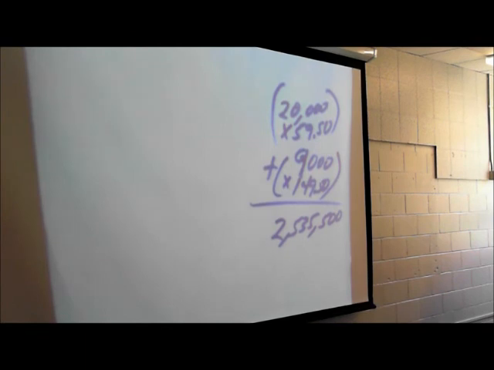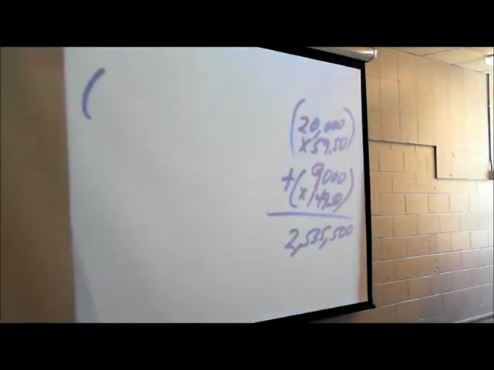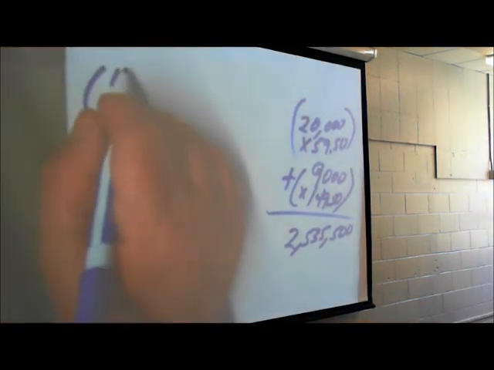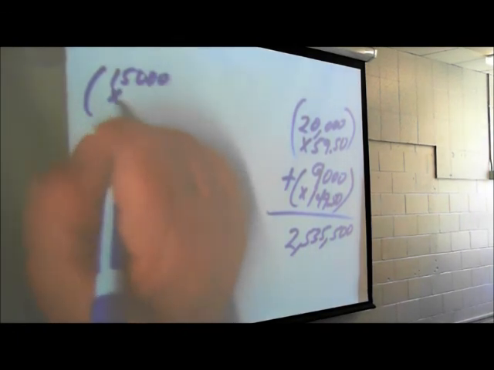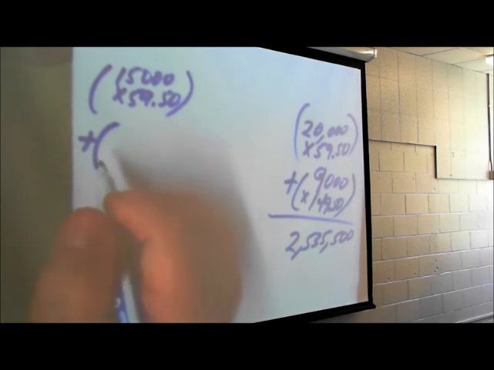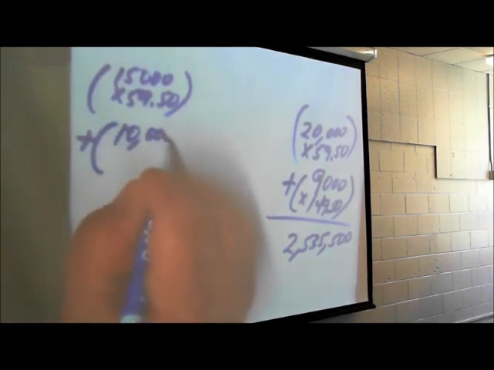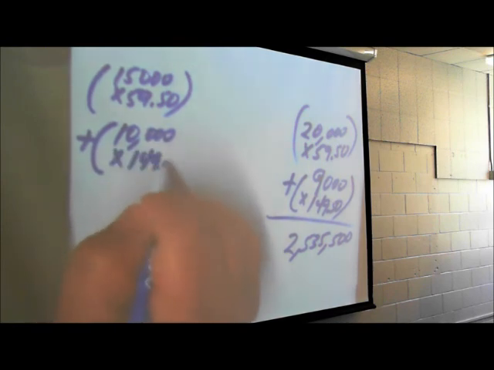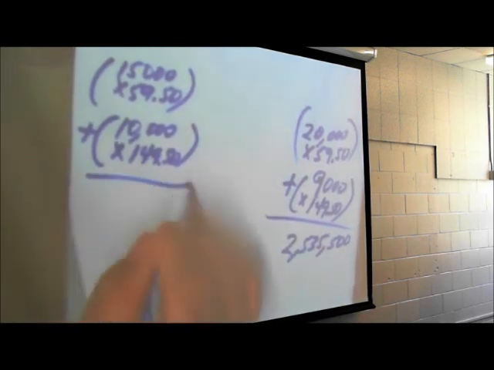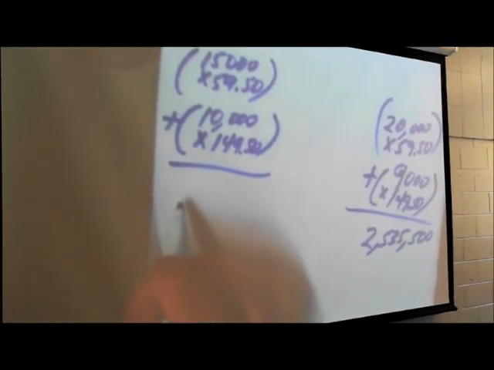Now we got to come up with our flexible budget. We're going to have what on the regular model? 15,000 times what? Plus 10,000 times the wireless contribution margin, and that gives us 2,387,000.